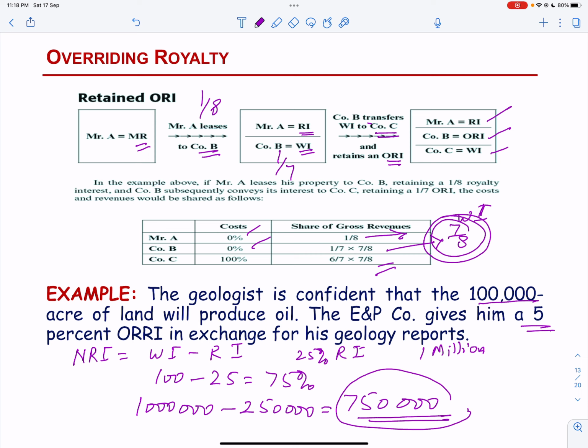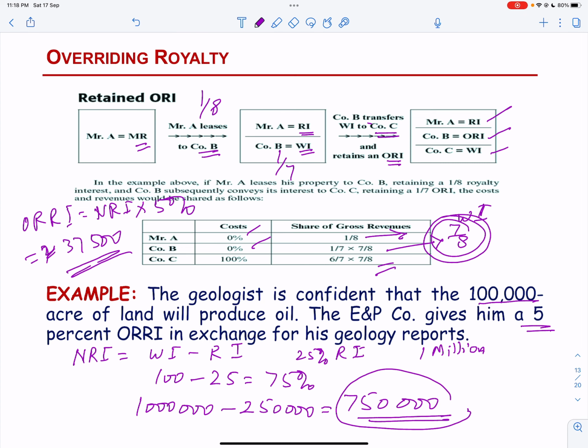So overriding royalty interest is net revenue interest times his percentage, that is 5%. So 750,000 times 5% will be 37,500.